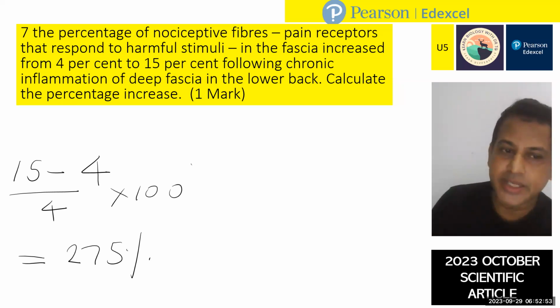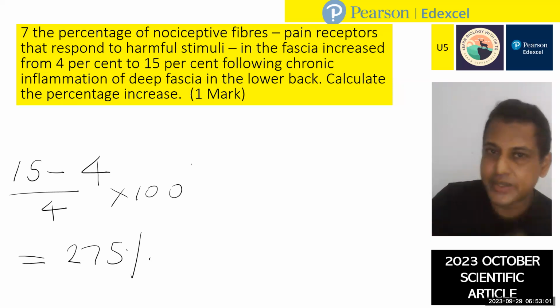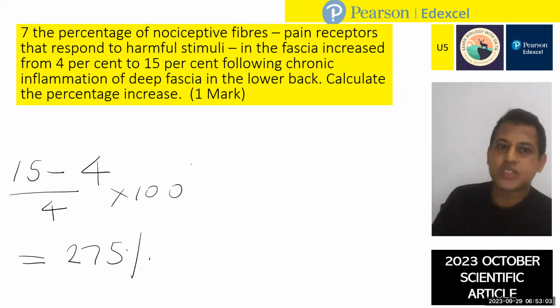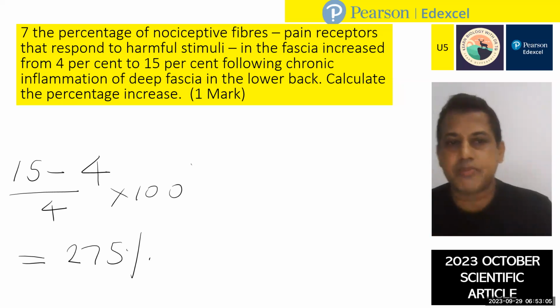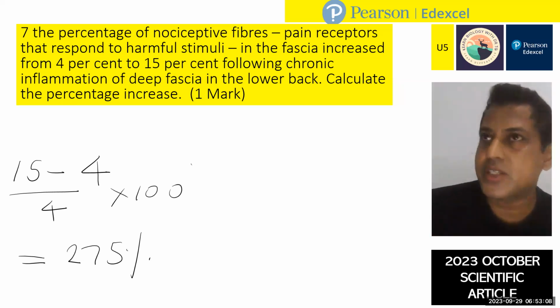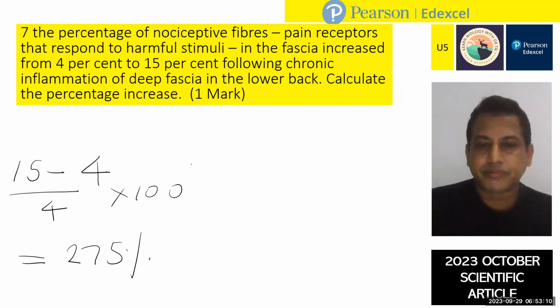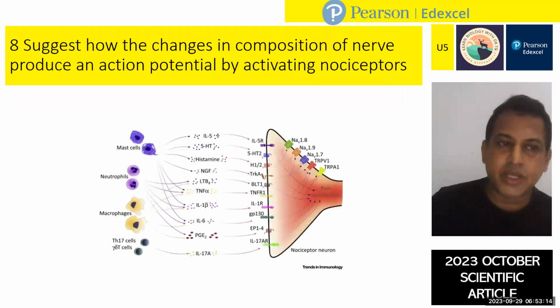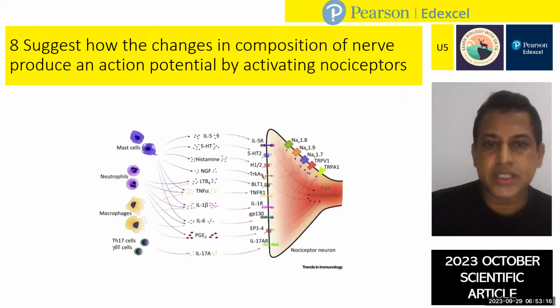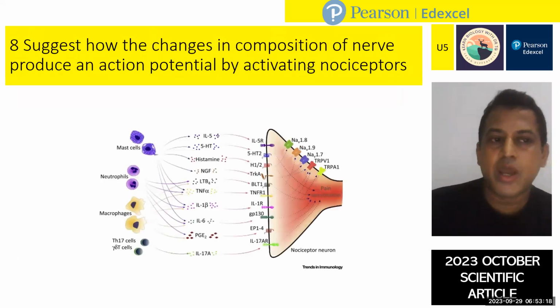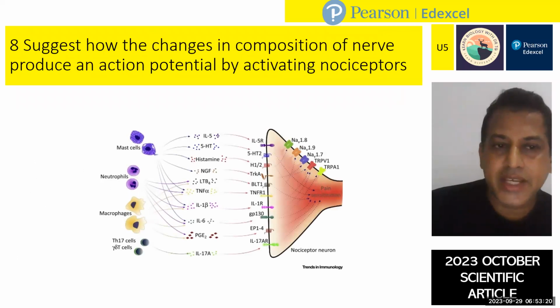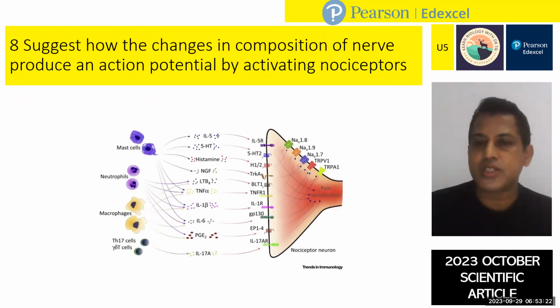So 11 divided by 4 multiplied by 100 is 275. That means a 275% increase in nociceptive receptors. Nociceptive receptors are pain receptors.